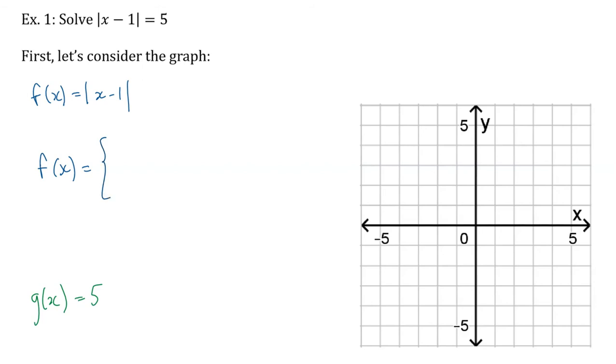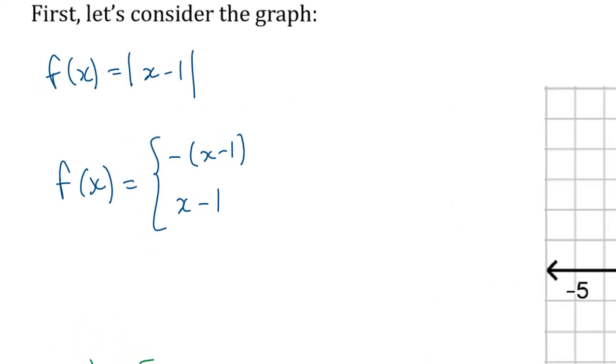Where I use negative x minus 1 when the function evaluates to a negative, and I just use x minus 1 when the function evaluates to a positive. When will this evaluate to a negative?